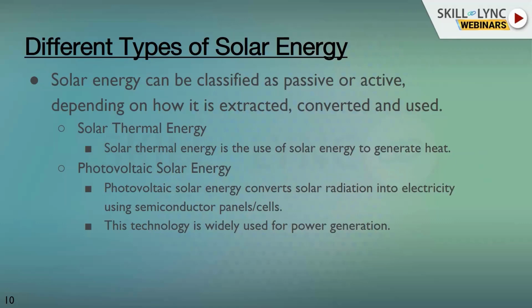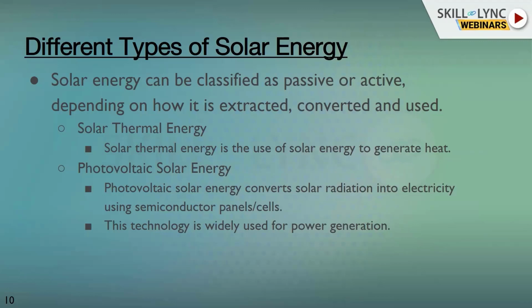And photovoltaic solar energy. Photovoltaic comes from Latin words, and it means generating electricity from a cell. The solar radiation absorbed at the earth's surface from sunlight is converted into electricity by semiconductor panels or cells.